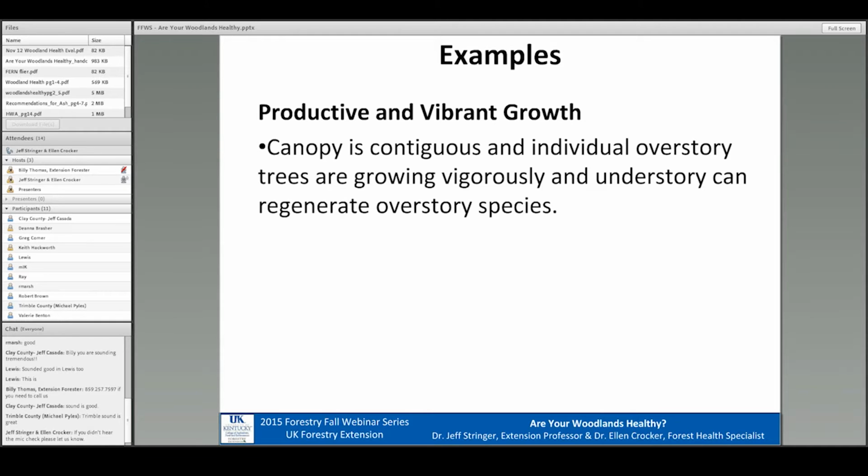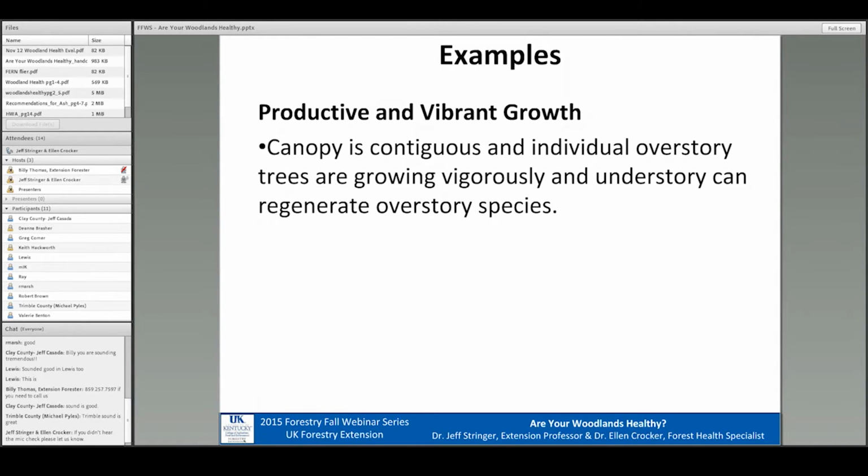Individual overstory trees are growing vigorously, and the understory can regenerate overstory species. What I mean by that is a lot of times we have oak woodlands, and we'd like to keep our woods in oak. We'd like to make sure that those woods can continue to regenerate some oak, so that woods has to be able to regenerate the oak species that are currently in the overstory. A definition like this would be something that somebody interested in that vigorous growth might use.